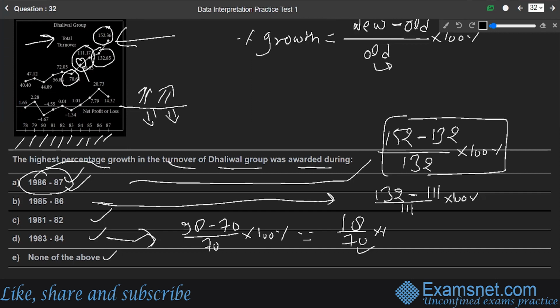Had this been a 72 number, the percentage growth would have been 18 by 72, which can be approximated as 18 by 72 into 100%. 18 by 72 is nothing but 1 by 4 into 100%, which is nothing but 25%. So this has registered the highest percentage growth. We have calculated for all the values, and you can check it also. So the highest percentage growth has been registered for 83, 84, which is 25%.